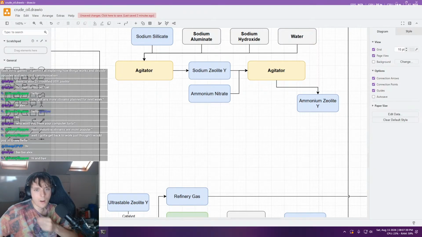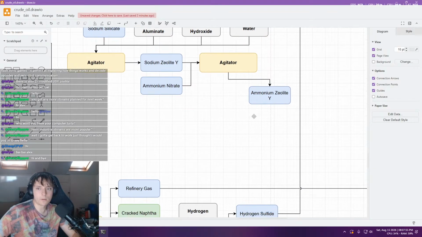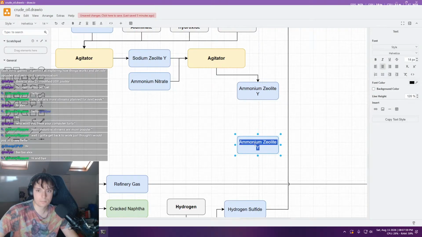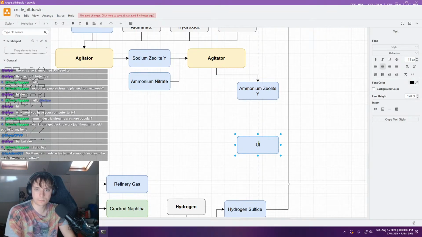It's a processing step that we just don't need, so we're not gonna have that. But so yeah, after that we need to get the ultra stable.